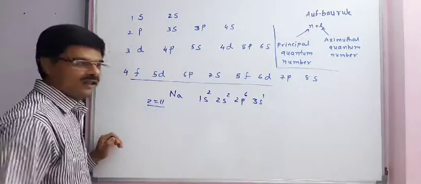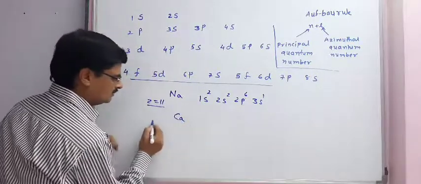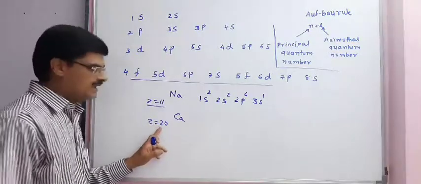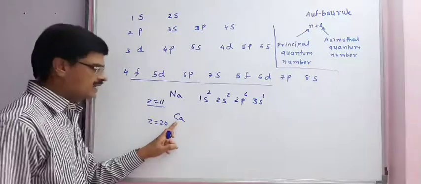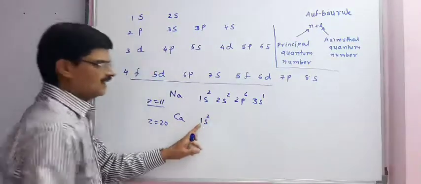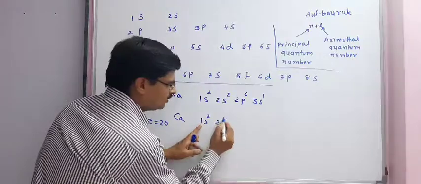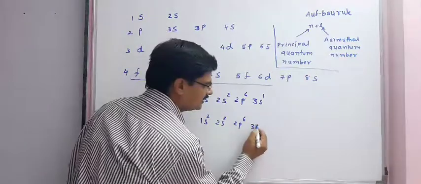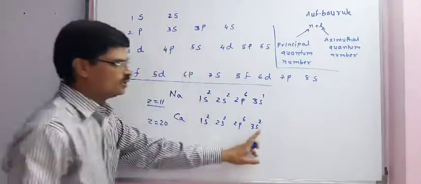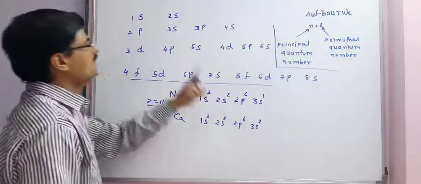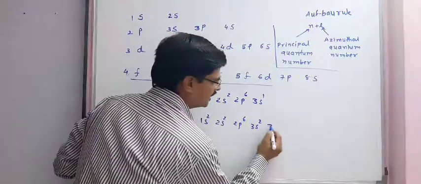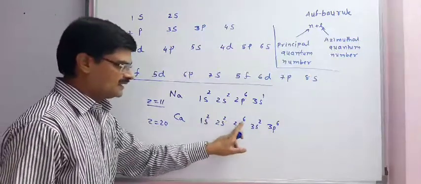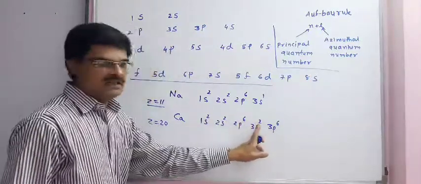In the same way, for calcium, Z equals 20, we have to fill a total of 20 electrons. 2 electrons in 1s, 2 in 2s, 6 in 2p, then 2 in 3s. After 3s we have 3p, which contains maximum 6 electrons. So 2 plus 2 plus 6 is 10, and this 8, so 18 electrons.